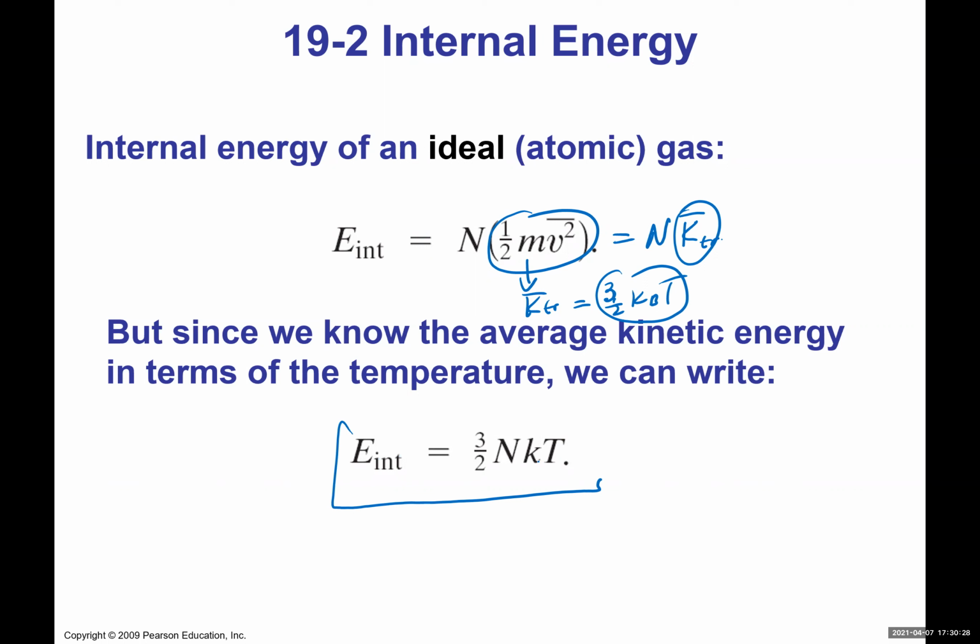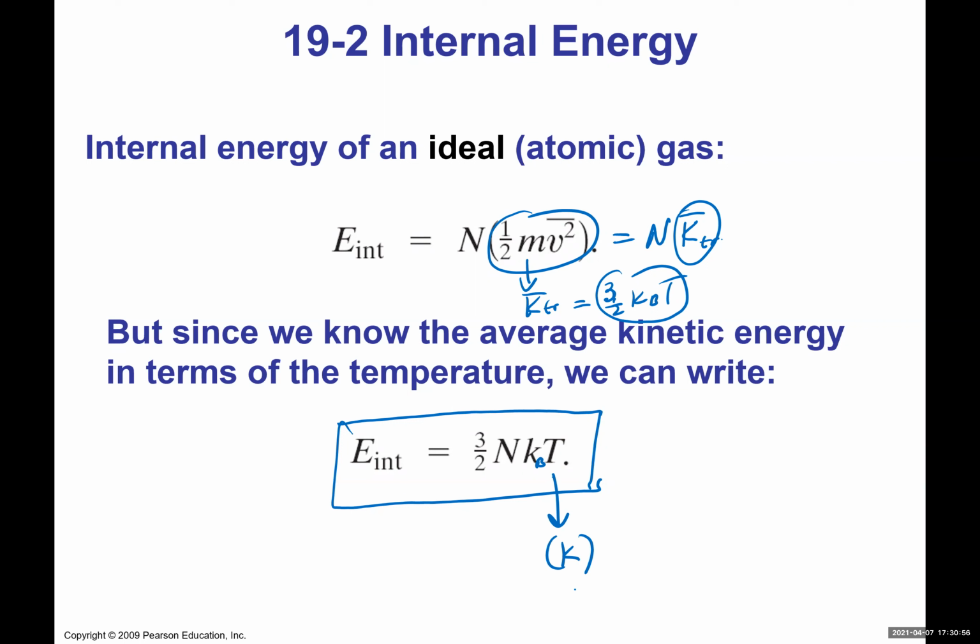I like to put B over here because k can also be used for other things, so there's no confusion about which k that is. That's the Boltzmann constant, N is the number of molecules or particles that you have, and T is temperature, which must always be in Kelvin, because that's not a delta T, that's just a T.